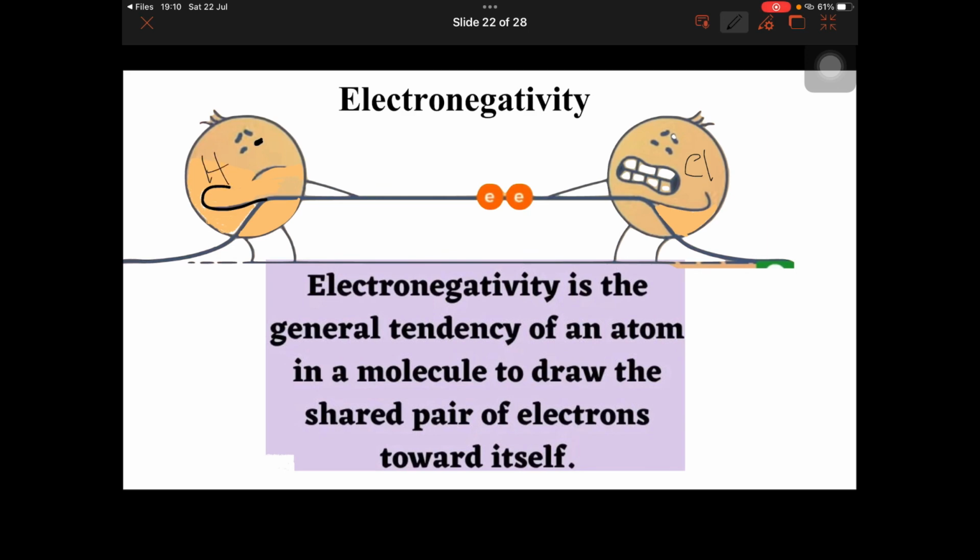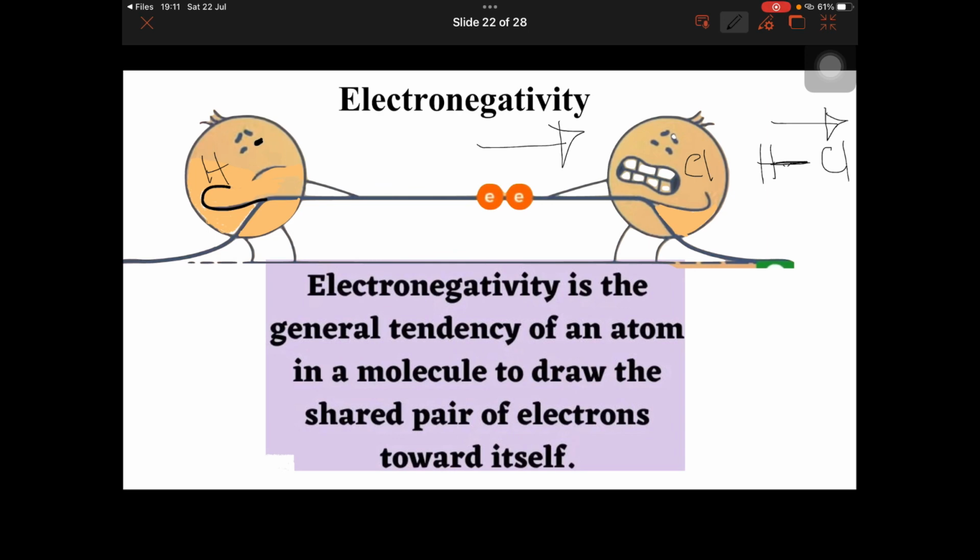So basically we are representing the HCl molecule. So this chlorine has a higher tendency to attract the bond electrons of the HCl towards itself. So that's what is shown by this diagram.